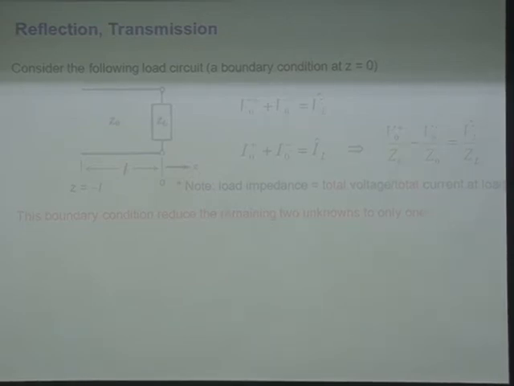Here we pull out the original expressions. The total voltage across this load is equal to V_L, the phasor of V_L. And for the current, there's a total current going through this node, denoted by the phasor I_L.